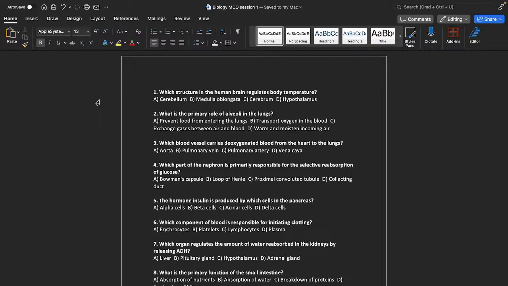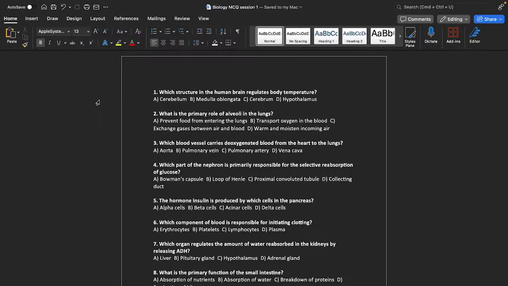Any idea? Okay, so the hypothalamus is the correct answer. The hypothalamus is the part of the human brain that regulates body temperature.